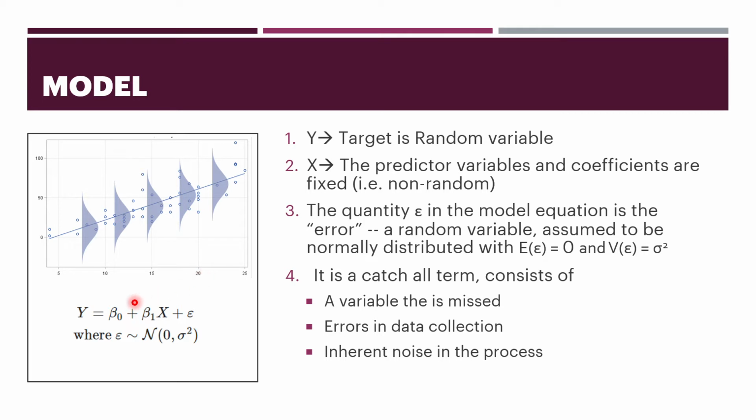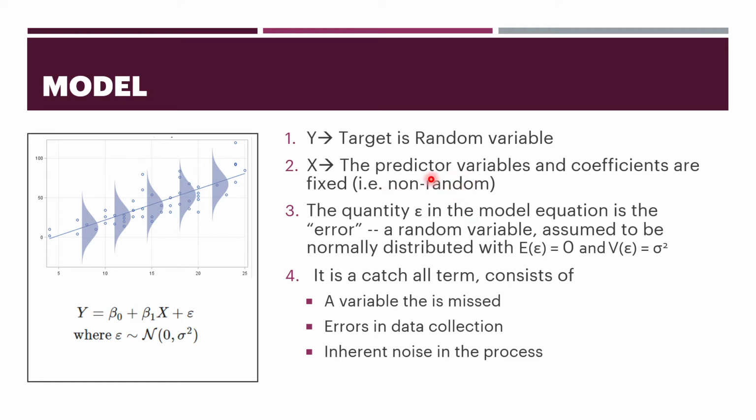So let's look at individual terms and try to understand them. y is the target variable, and it is a random variable. That is the most important thing. Earlier in a deterministic model, y is not a random variable, y is a fixed variable, but now y is a random variable. What about x, the predictor variable, and the coefficients beta 1 and beta naught? All of them are fixed. They are not random.